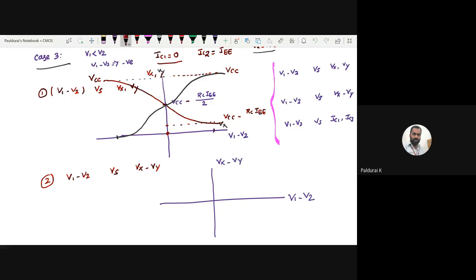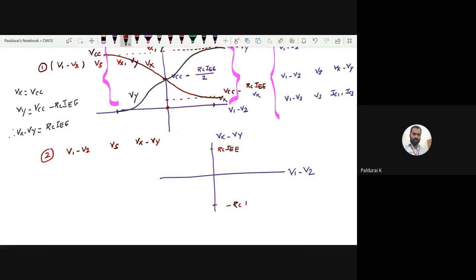This is my Vx, this is my Vy, where Vx equals VCC and Vy equals, in this region, VCC minus RC IE. Therefore Vx minus Vy is RC IE, so I mark RC IE. Similarly, in this region, this is my Vy and this is my Vx, you will get minus RC IE, right? So now if you plot, you will get a non-linear curve like this.